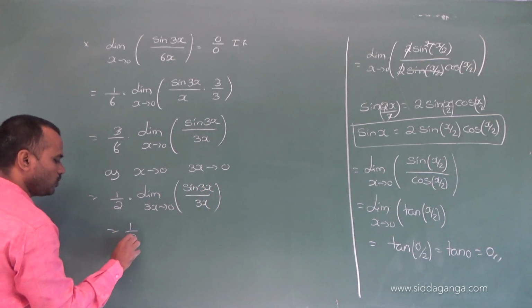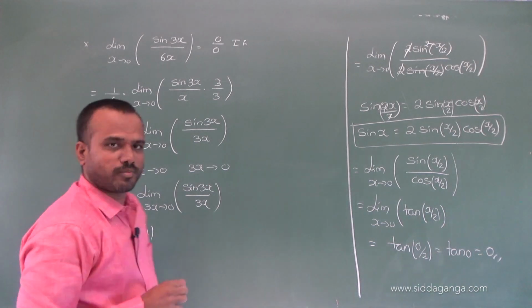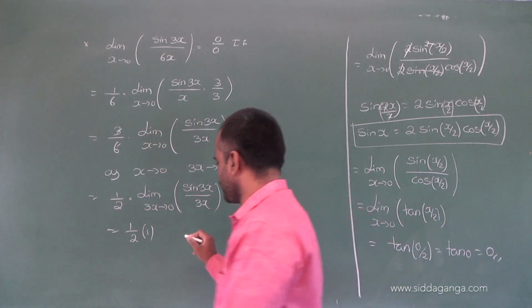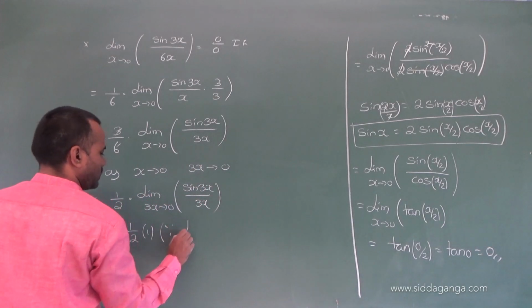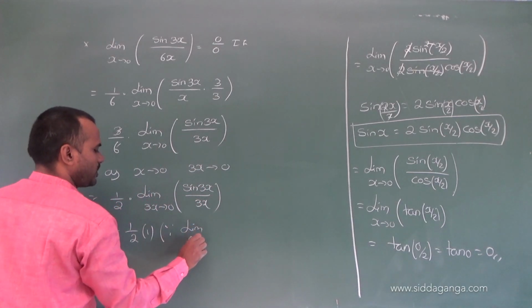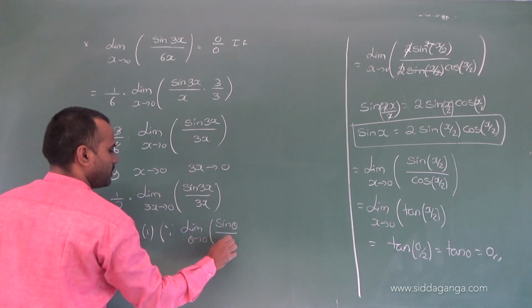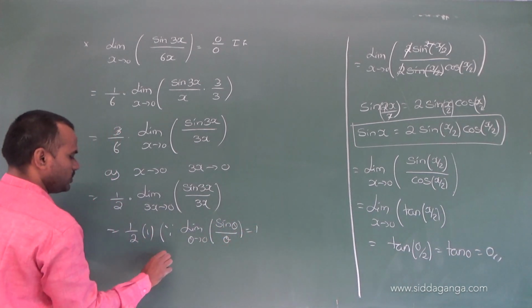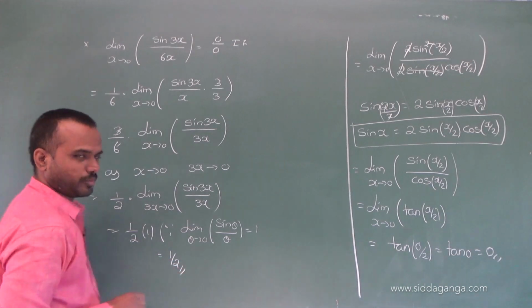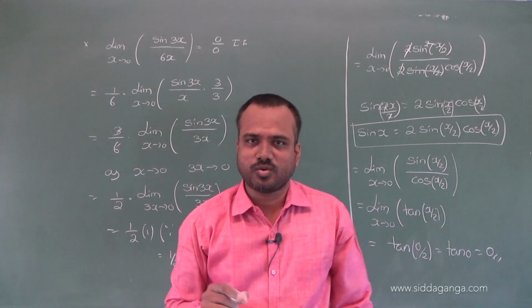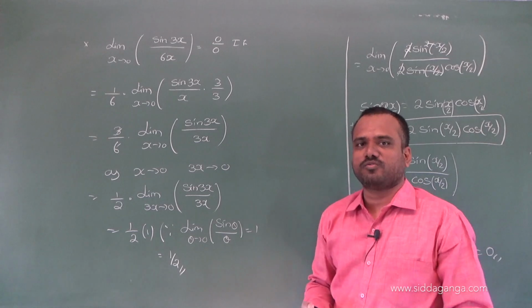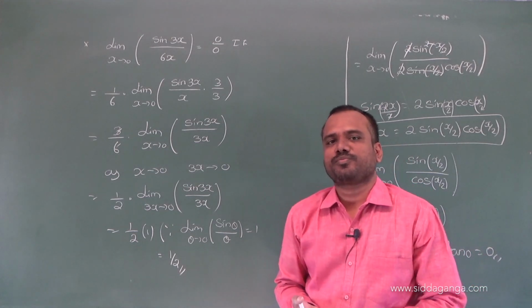So 1 by 2 into 1, correct? Why is it 1? Since limit theta tends to 0, sin theta divided by theta is equal to 1. Final answer is 1 by 2. Observe this problem also.